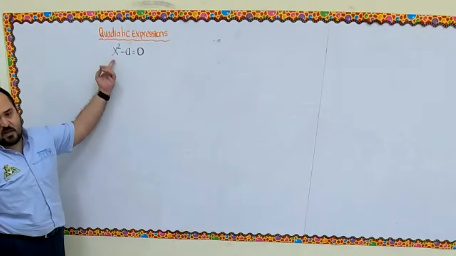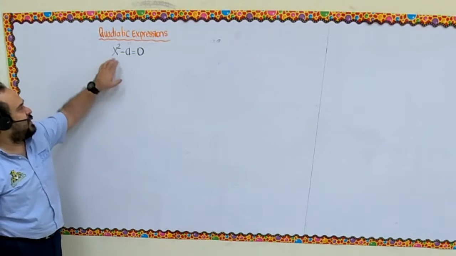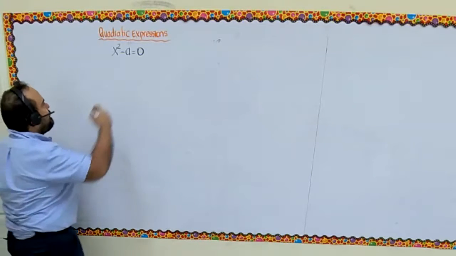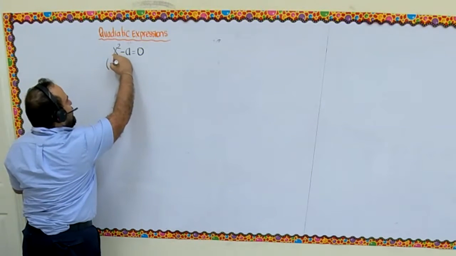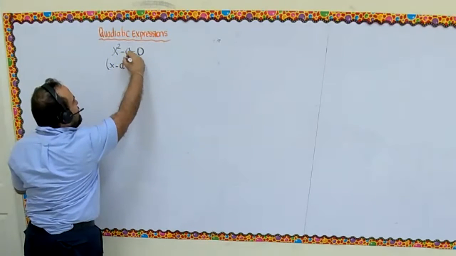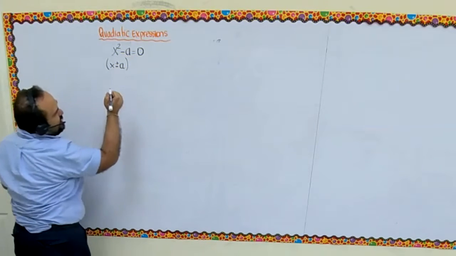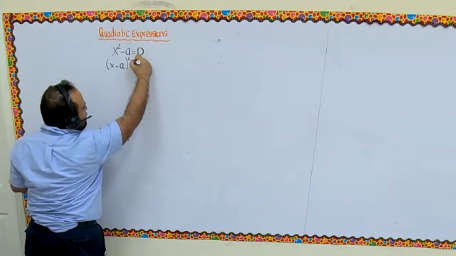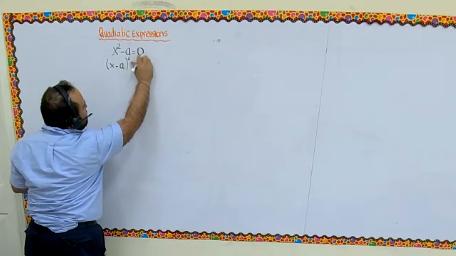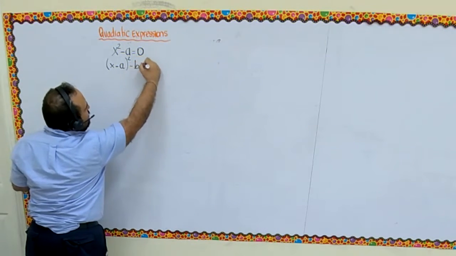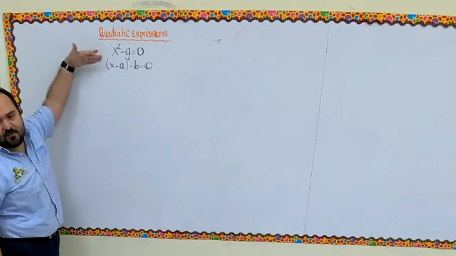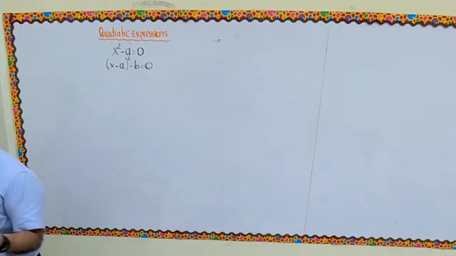Obviously, this is a quadratic equation, right? x squared minus 8 equals 0. Another quadratic equation could be x minus 8, or x plus any number, depending on the case, but I'm going to use a negative. Plus or minus b could be equal to 0. Both are examples of quadratic equations because, as you can see, both are elevated to the second power.